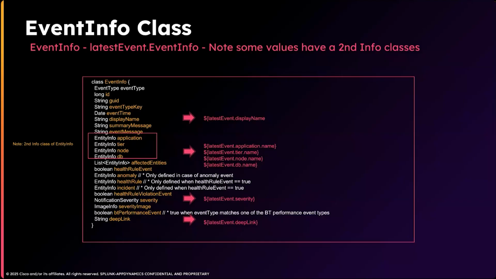Within this event info class, we are defining other variables that are of entity info class. We go down the list to notification severity, latestEvent.severity, and the last example, which is a really good one, latestEvent.deepLink. This is the link to where the violation came from in AppDynamics. That's a real nice one to put in a payload because users can then click on that link and see exactly where that violation occurred within AppDynamics.